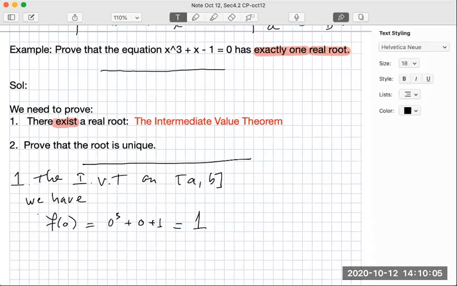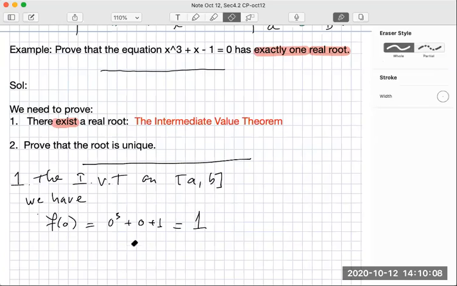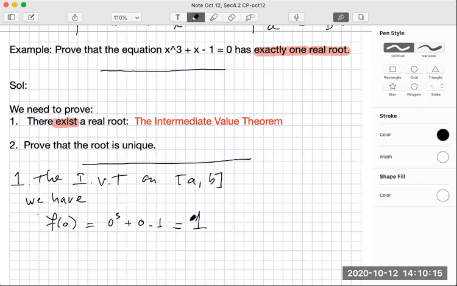So f at 0 will be -1. Second, let us take a look at the number 1. What is the value of the function f at 1? Yes, 1. Be careful, because we changed the sign here. So it is 1.